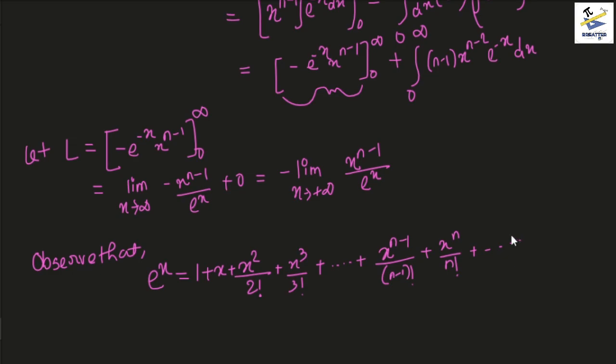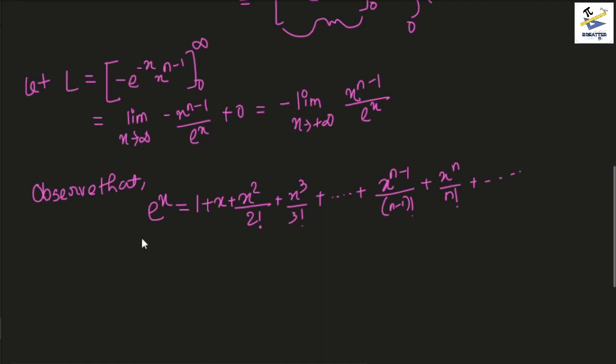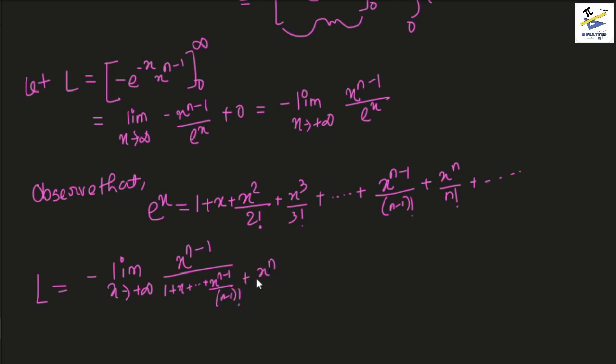Now if we can use this expansion in a way where we can put the value directly like this, where we have limit x tends to positive infinity, x to the power n minus 1 divided by, now we have this part here where we have x to the power n minus 1 by n minus 1 factorial plus x to the power n by n factorial and so on, right?